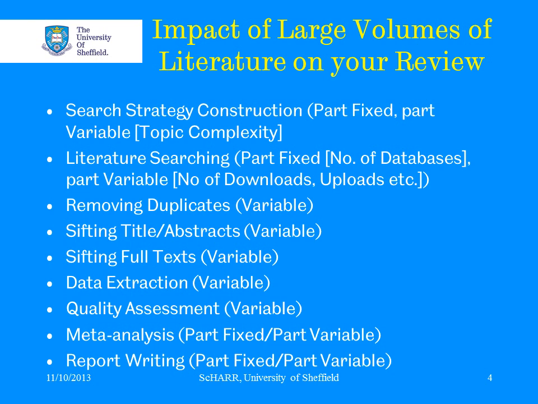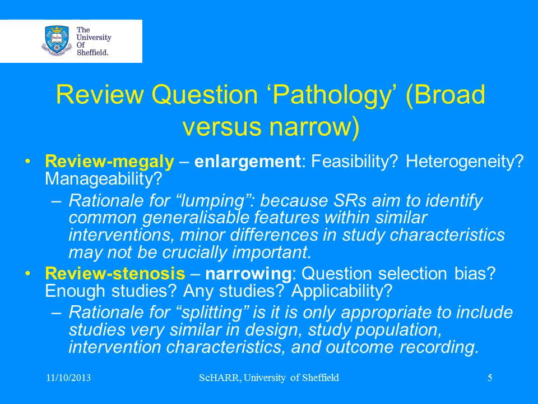Whereas when we move to such stages as removing the duplicates, sifting the title and the abstracts, sifting the full texts, the data extraction and the quality assessment, then these will typically vary according to the volume of literature that we have. And then back to meta-analysis and report writing, which will have some fixed time and other time depending on the number of included studies.